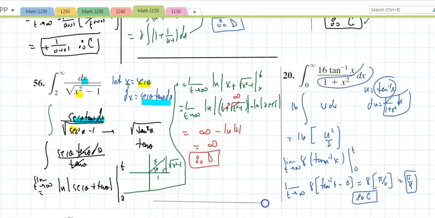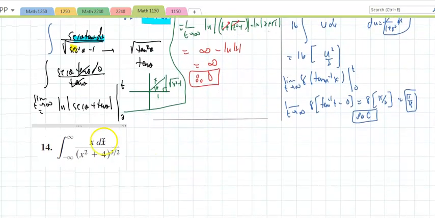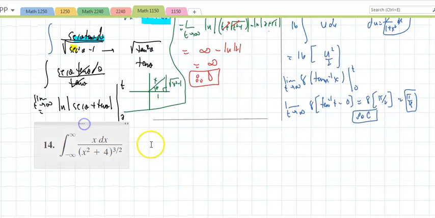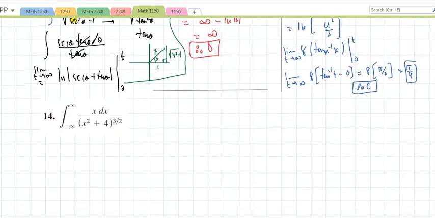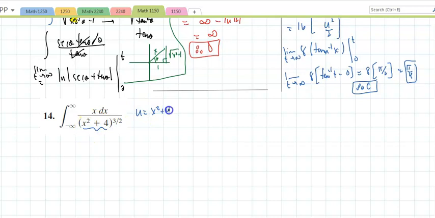So the next problem up is when you have two infinities. Well, it's not really much, just a bit more work. If I glance at number 14, I notice that, well, this is a u sub as well. If I let u equal x squared plus 4, du is 2x dx. So this is the integral of, that's u to the 3 halves. x dx is 1/2 du.